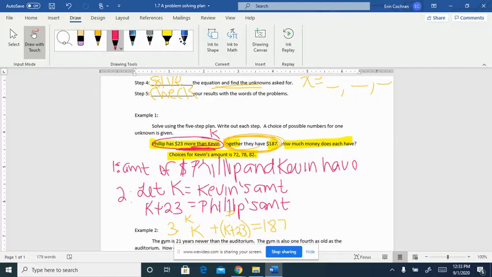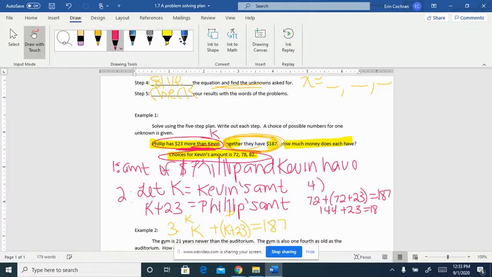So step 4 is we're actually solving the equation. Kevin's amount is 72, 78, or 82. So we're going to plug each one of those amounts into K and see if the left side equals the right side. So 72 plus 72 plus 23, does that equal 187? We get 144 plus 23.